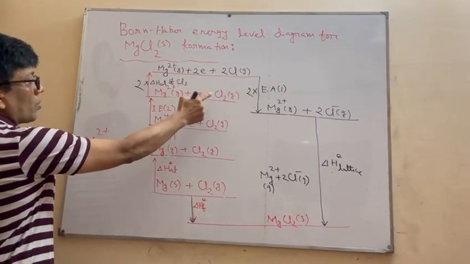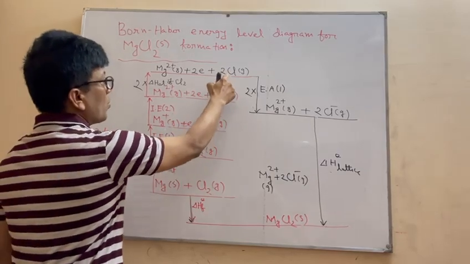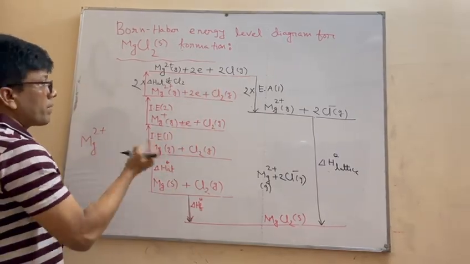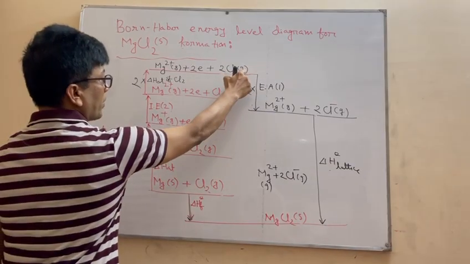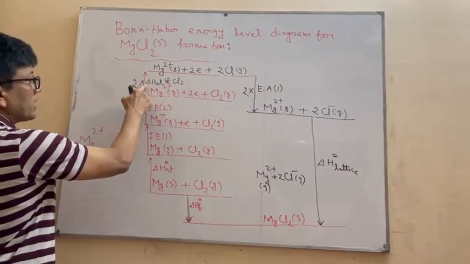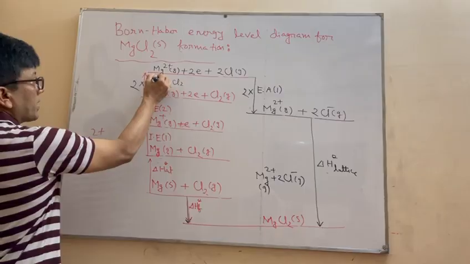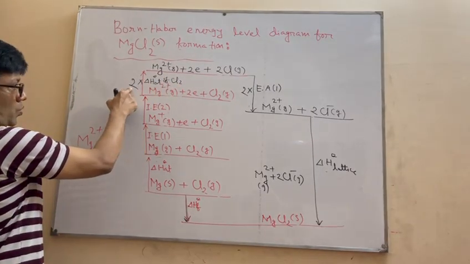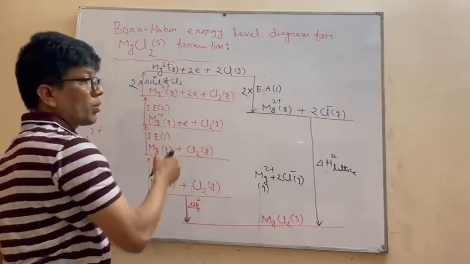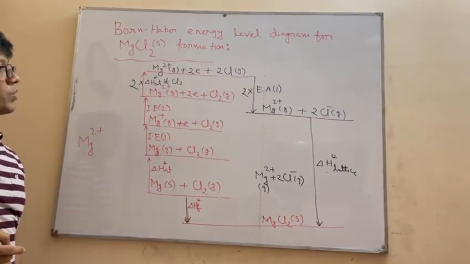After that, for the chlorine element you have to do atomization. So chlorine in standard state goes to 2 moles of gaseous atoms. This is the standard enthalpy change of atomization of chlorine times 2. Why 2? Because 2 moles of chlorine atoms are produced.